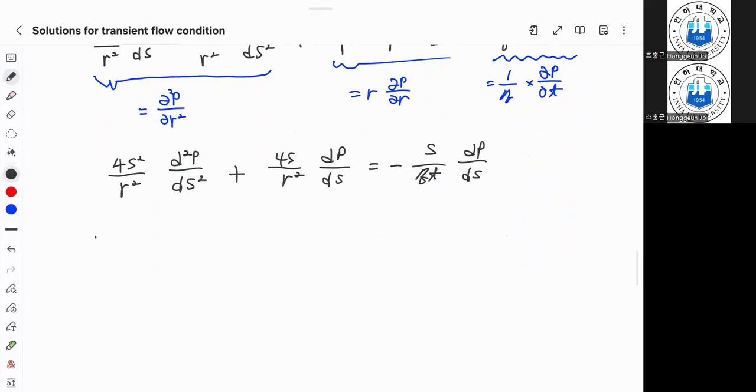And we are going to multiply by r squared over 4s on both hand sides.